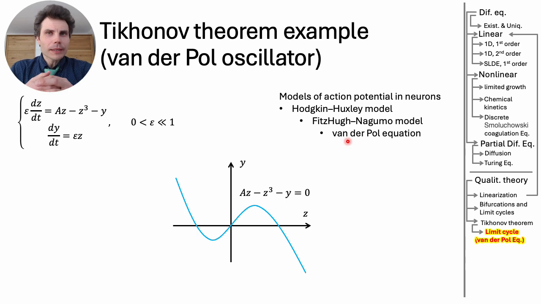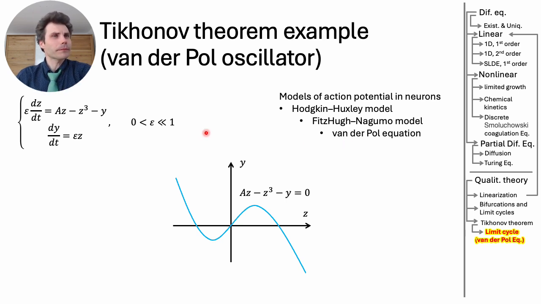Nonetheless, it's a valuable biological model, and this is a good example of how Tikhonov's theorem can be used for describing and analyzing the stable cyclic behavior, similar to what we saw already previously in one of the slides today.